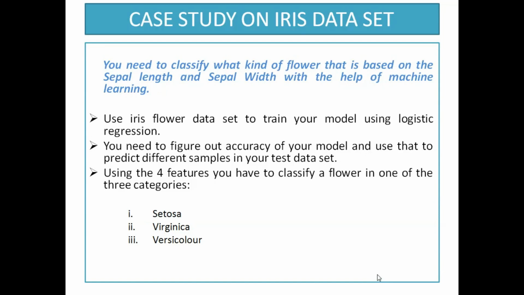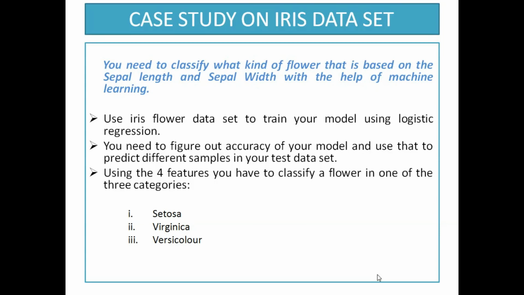Now, what can be the steps? You have to use the Iris flower data set first of all to train your model using any machine learning algorithm. It can be any supervised machine learning algorithm like logistic regression. It can be any unsupervised clustering algorithm like k-means.